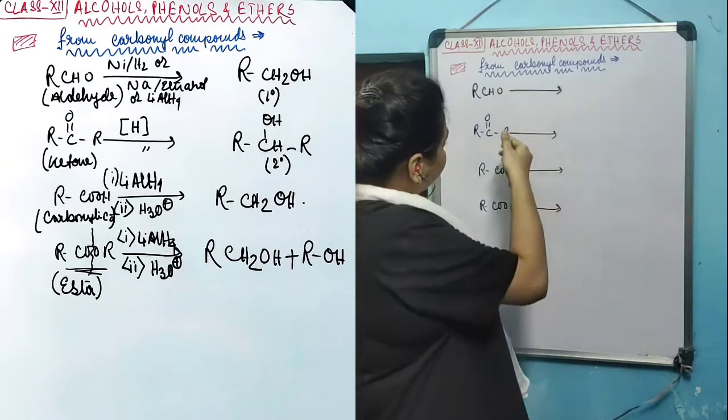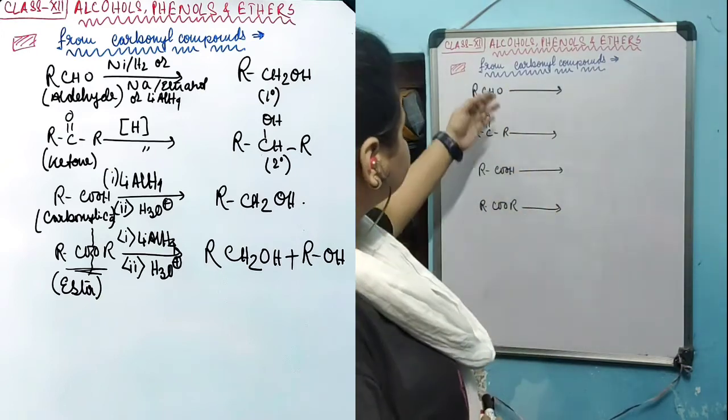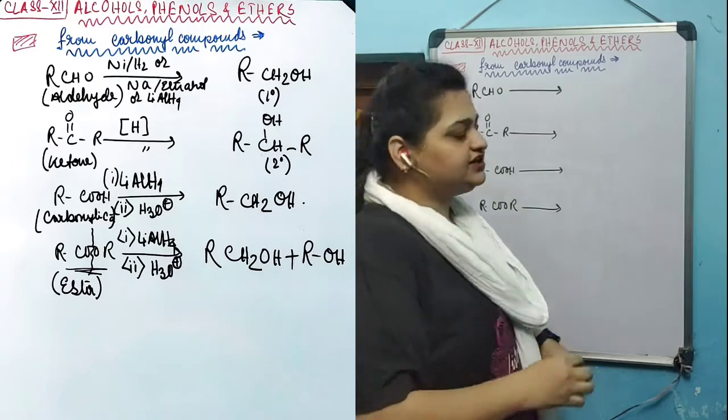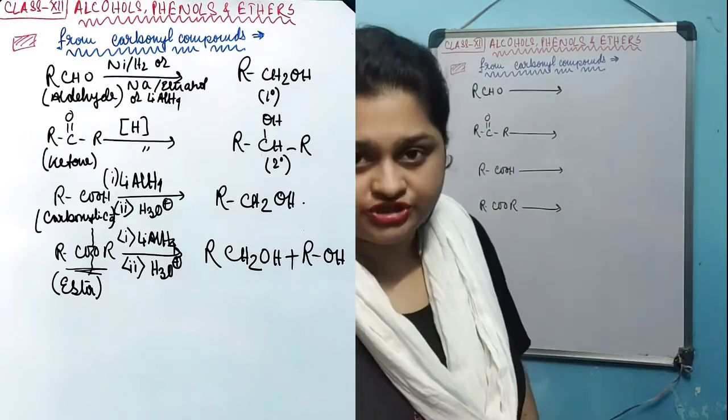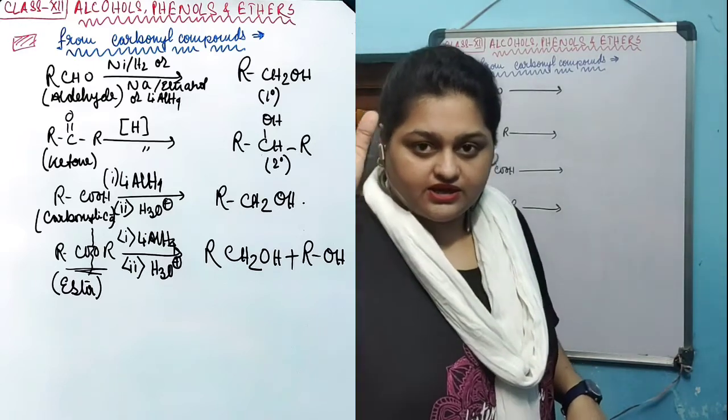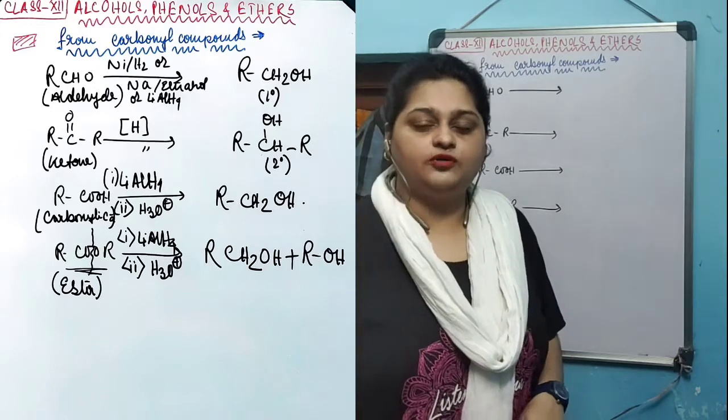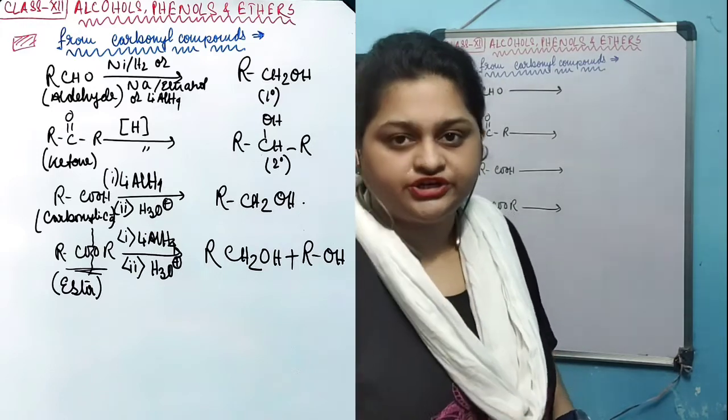So to produce alcohol from these carbonyl compounds, the reaction that needs to happen is reduction. That is, the formation of alcohol from a carbonyl compound is a reduction type of reaction.